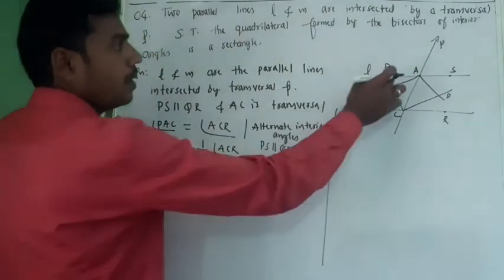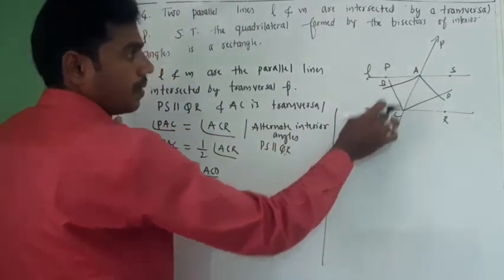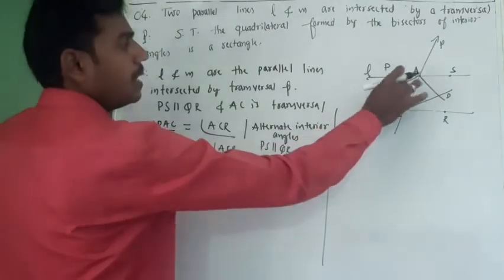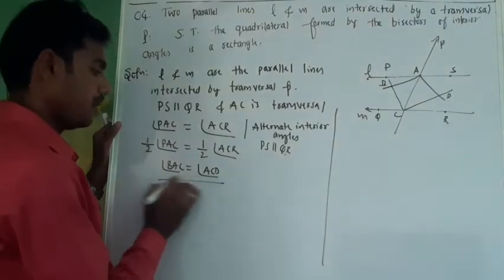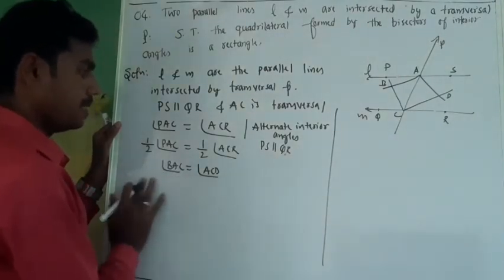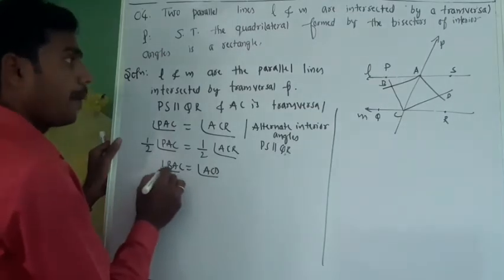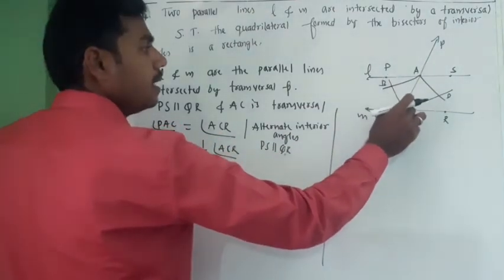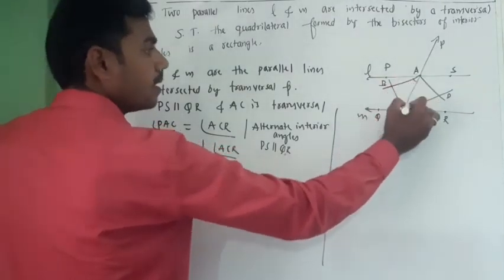For PAC, AB is the angle bisector. What can I write? PAB is equal to BAC. So that only I make use of. See, BAC is equal to ACD. So this angle is equal to this angle.